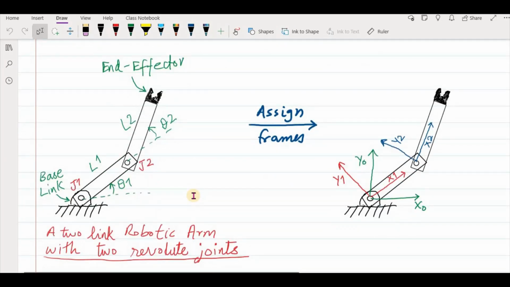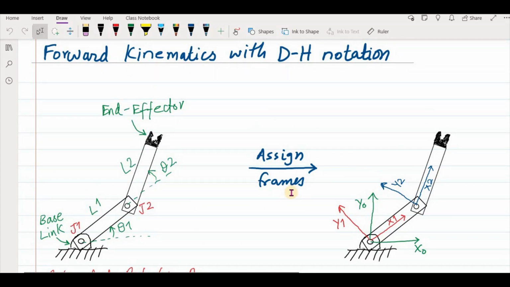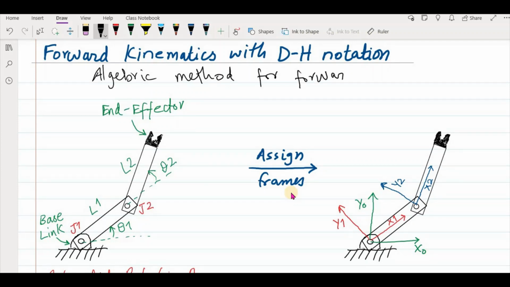Let's take an example of forward kinematics using DH notation. In the previous lecture, we studied how to find the forward kinematics using the geometric method. But this method, which uses DH notation, is actually an algebraic method for forward kinematics.